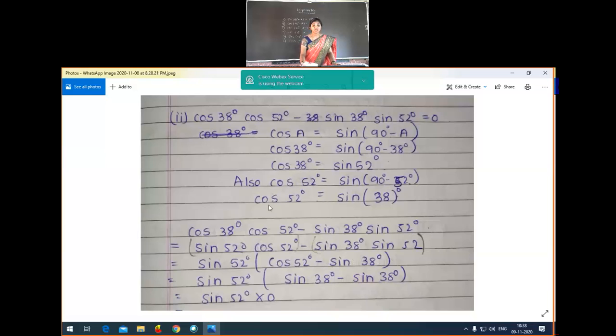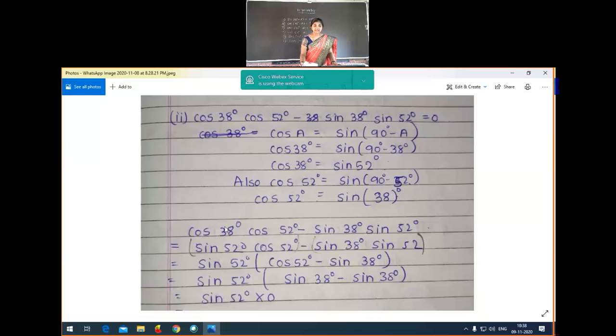Once again, the value is sin 38. Just substitute that one. Sin 38, sin 38. See here actually cos 38 cos 52 minus sin 38 sin 52.